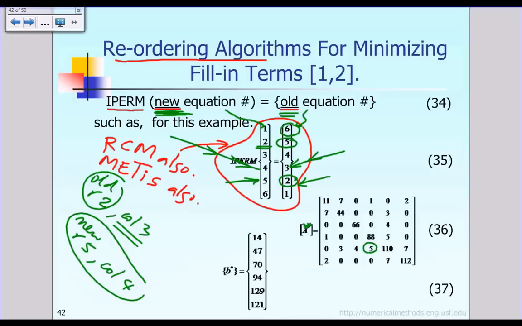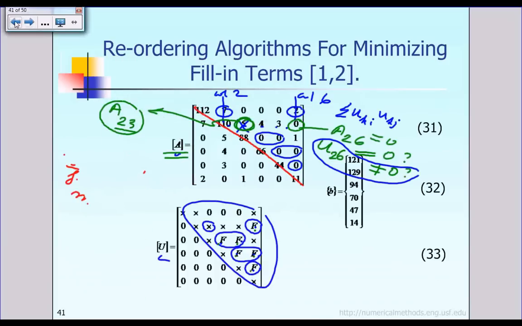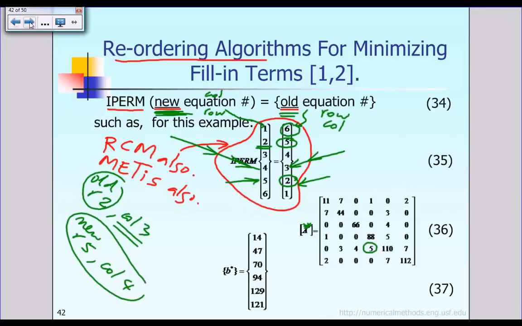So, the same idea, what I'm trying to tell you is that through equation 35, which is the mapping between the old equation number and the new equation number, or between the old row number and the new row number, or between the old column number and the new column number, we will be able to move all the non-zeros in the original matrix A into the new location.